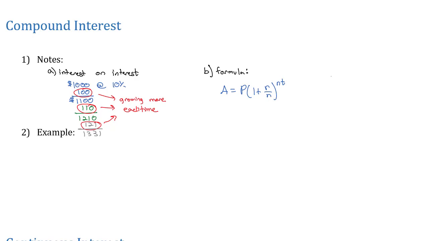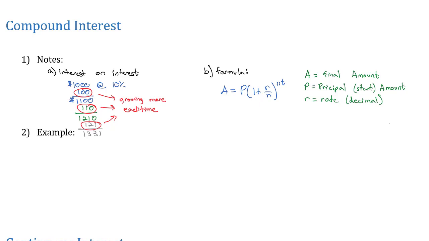And let's break that down. A is the final amount in the account. P represents the principal, or the starting amount. R is the interest rate written as a decimal.